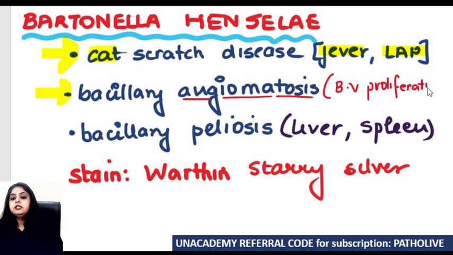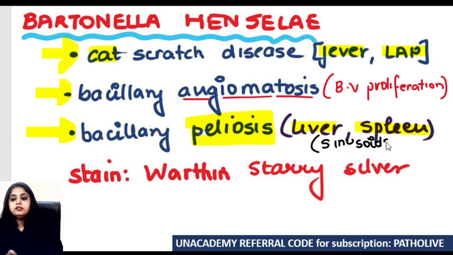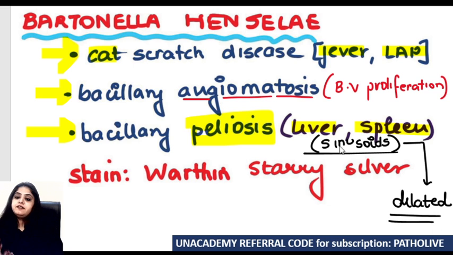Coming to the third thing, that is bacillary peliosis. This is used in regard to certain organs like the liver and the spleen. What's common between liver and spleen? Both of them have blood vessel channels. I think everyone knows both of them have something known as sinusoids, which are ultimately blood-containing channels. These sinusoids end up becoming extremely dilated. When sinusoids become dilated, whether in the liver or in the spleen, we call it peliosis.